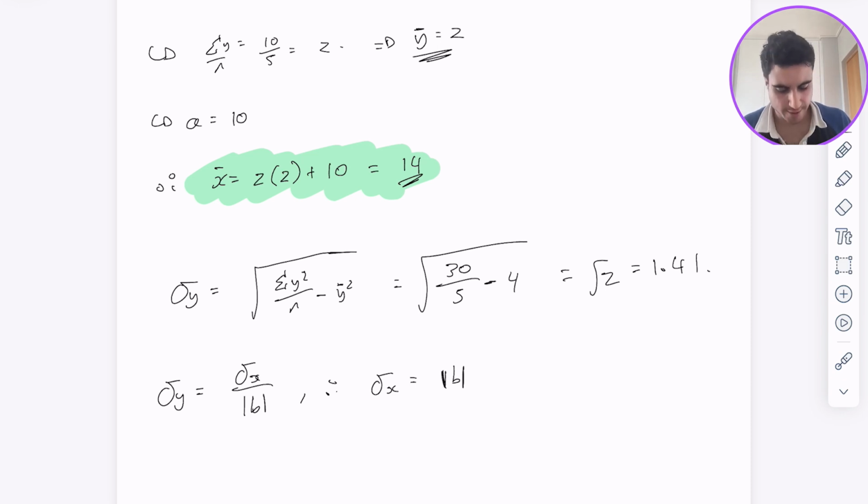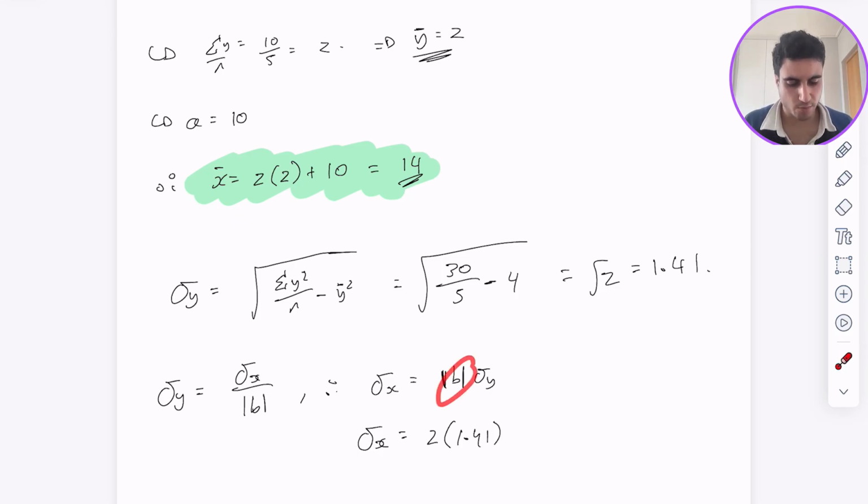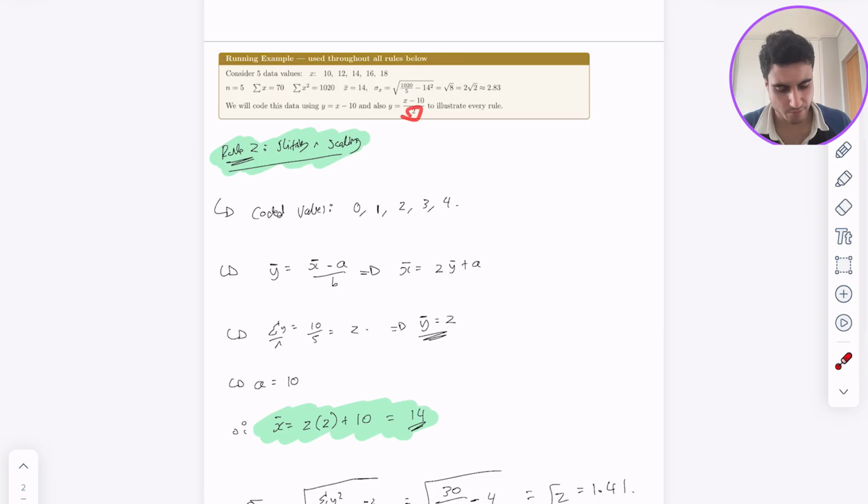the scale factor times the standard deviation of our coded set. So therefore the standard deviation of x, our original standard deviation, is going to equal 2 times 1.41. Why 2? Because remember we divided by 2 in the beginning.